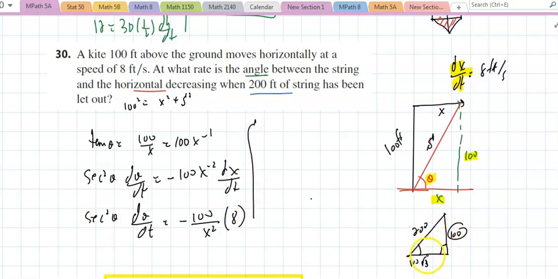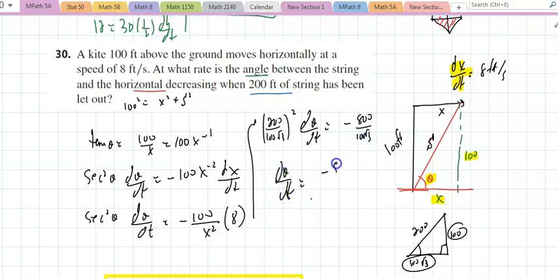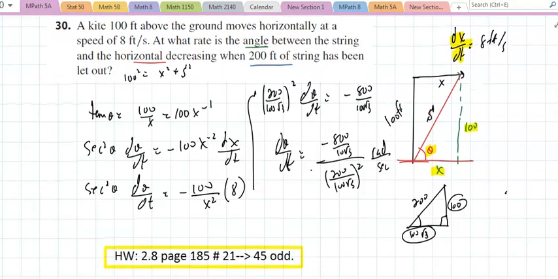So basically, the secant is the hypotenuse over the adjacent, d theta dt equaling negative 800 over, and x in this case would be 100 radical 3, and d theta dt would be negative 800 over 100 radical 3 squared, divided by 200 over 100 radical 3, and that would be radians per second. And there's the homework. I would have simplified this, but I'm out of time.